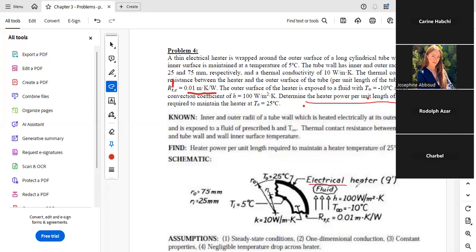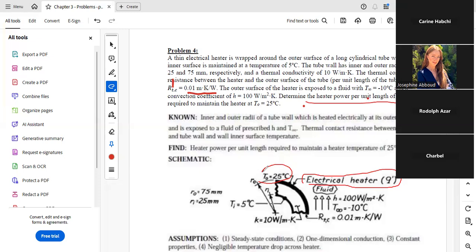We need to provide a certain amount of heat in order to maintain the heater T out temperature at 25 degrees. This is the purpose. And since we have to maintain fixed temperatures, we have a steady state application. So all we have to do is draw the thermal circuit and do the analysis.